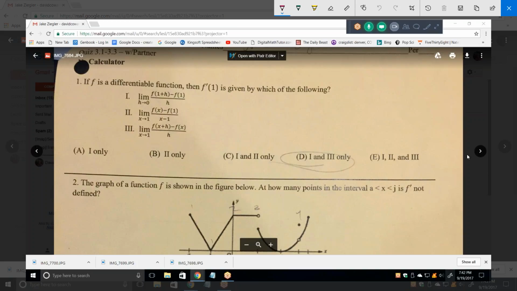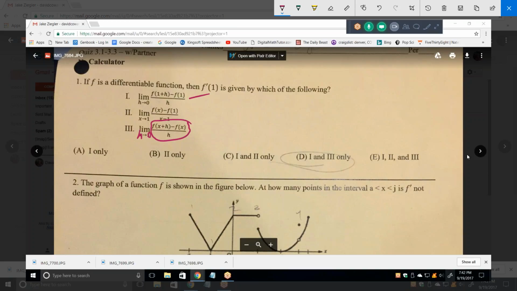Notice why it's not 3. That is the definition of the first derivative, but it's only as h goes to 0. It's not as x goes to 1. So if it had said h going to 0, then that would be the derivative function of f. It wouldn't be f prime evaluated at 1, though.